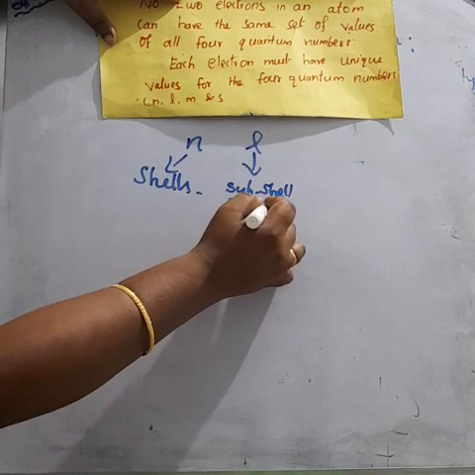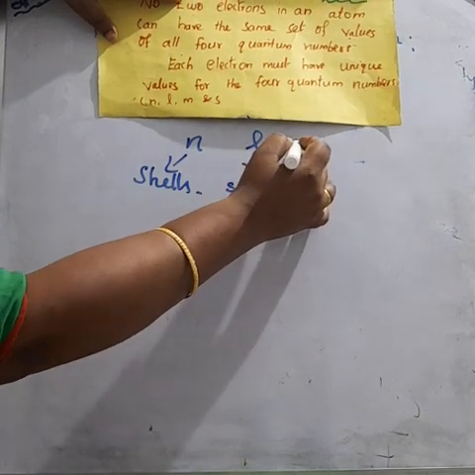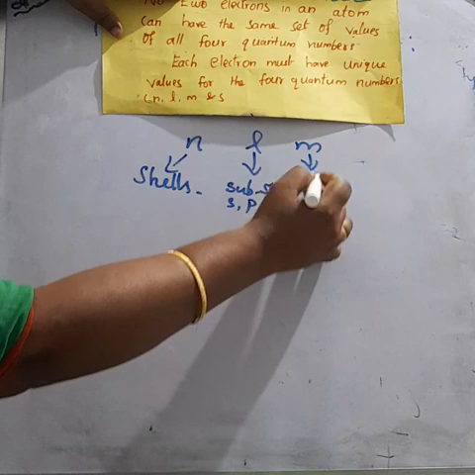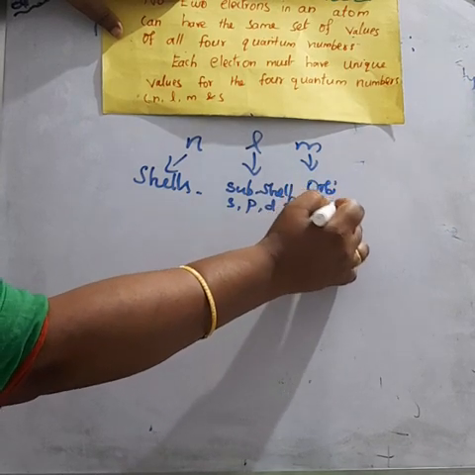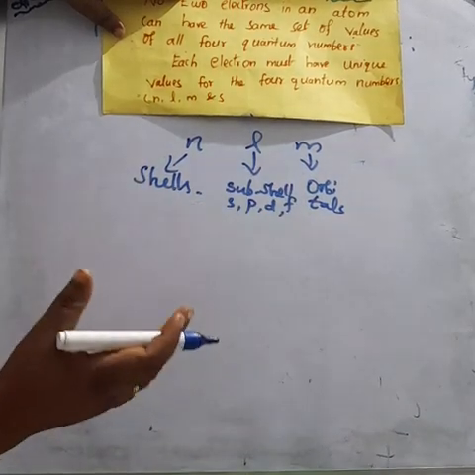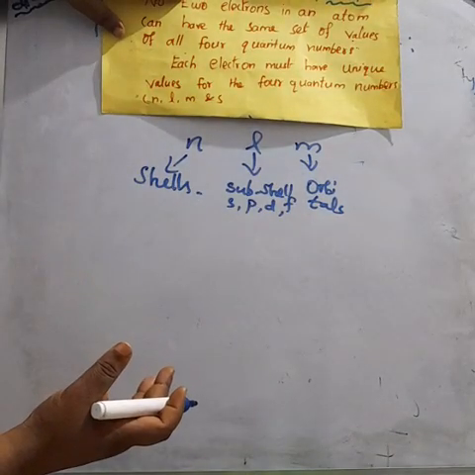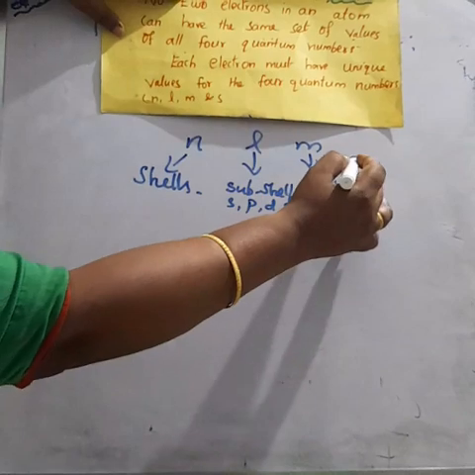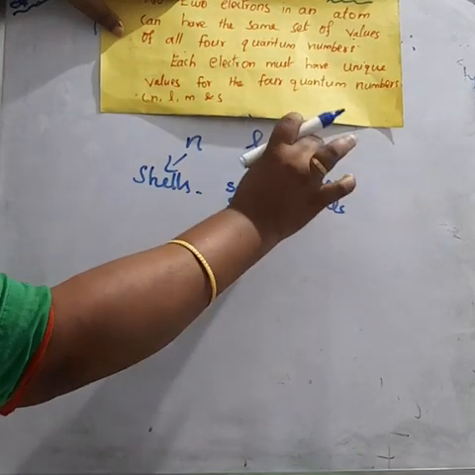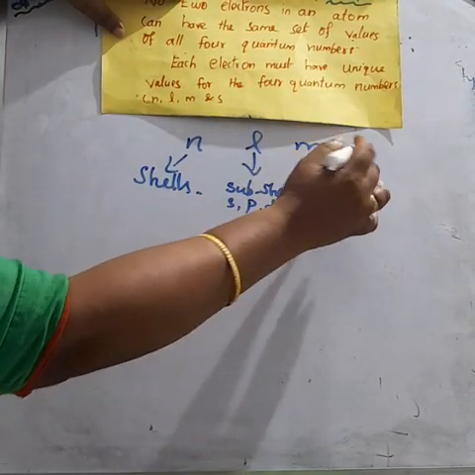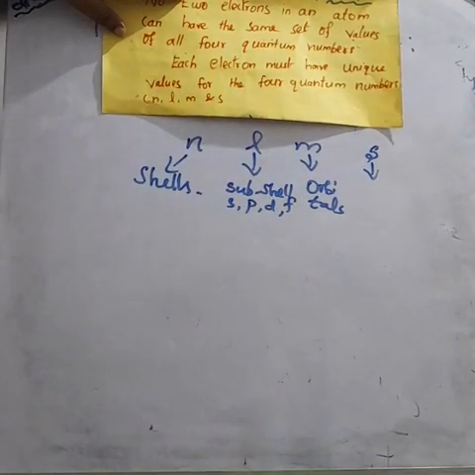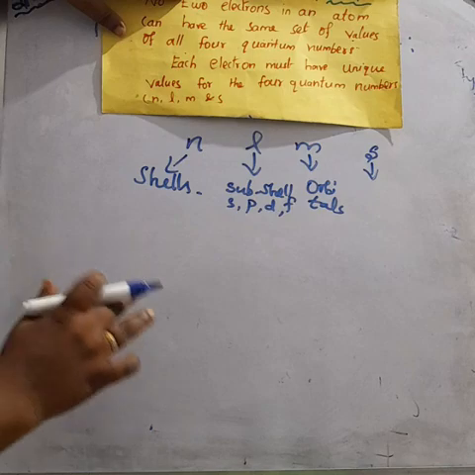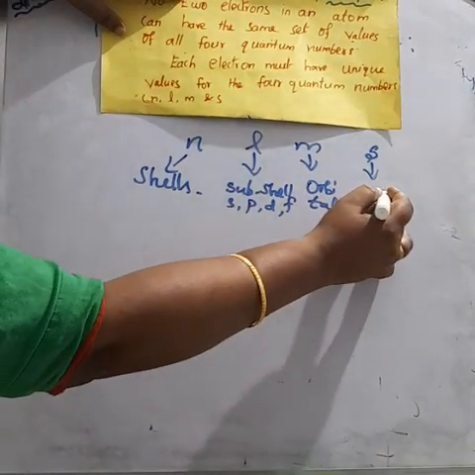The magnetic quantum number tells us about the orbitals, whether it is px, py, pz, or dxy, dxz, dyz, or any of the d orbitals. And the spin quantum number explains the orientation of electrons in an orbital.